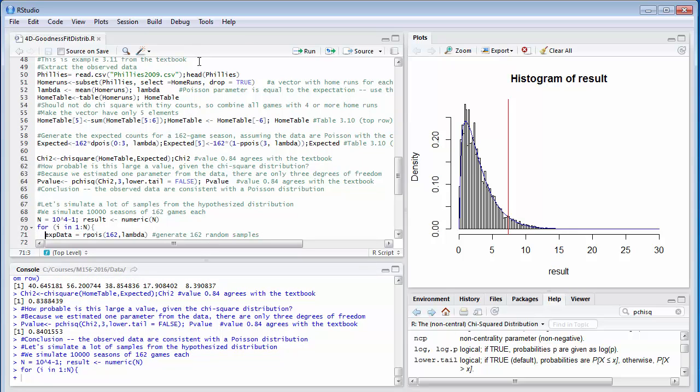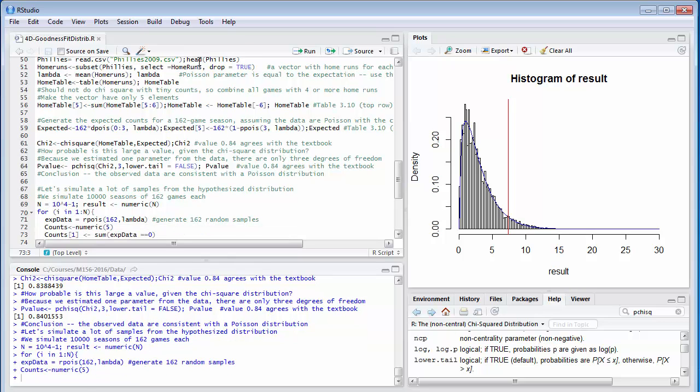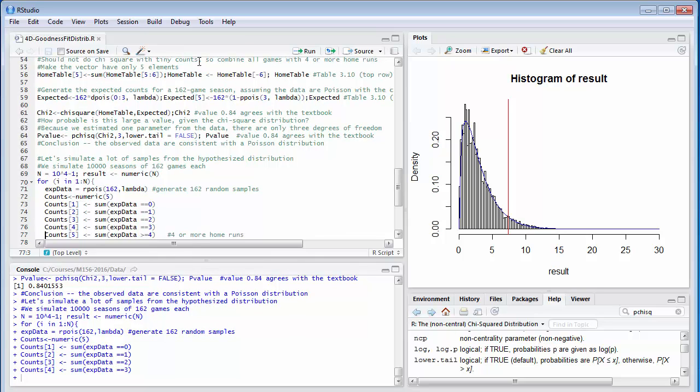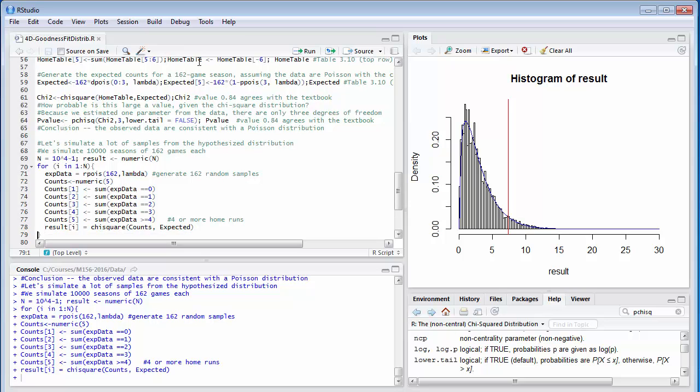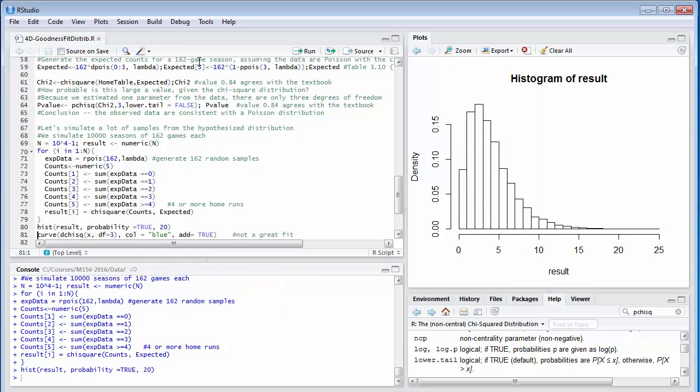So we use the rpois function with parameter lambda to generate for each season 162 random samples, and we then count up the number of times we get 0, 1, 2, 3, or more home runs. We compute the chi-squared statistic for this number of counts relative to the expected number of counts. We store those results, and then we show off a histogram of it.